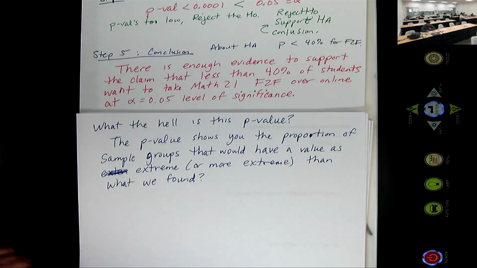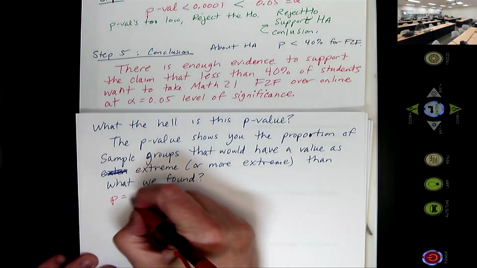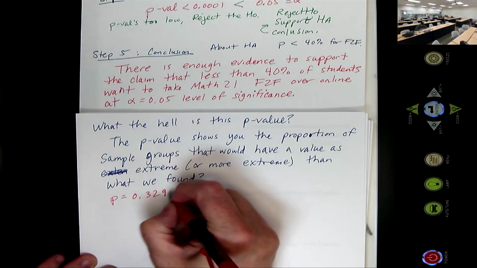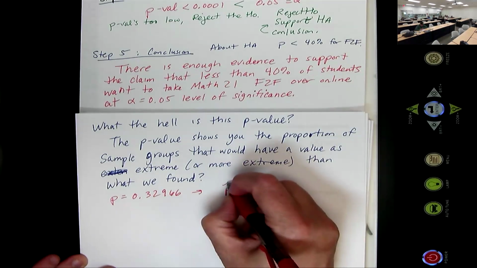So if I wrote our P hat in percentages, our P hat was 0.32966. As a percentage, this is approximately 33%.